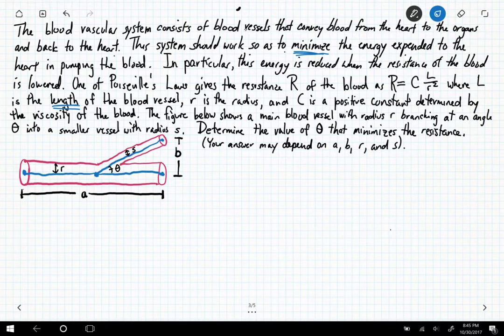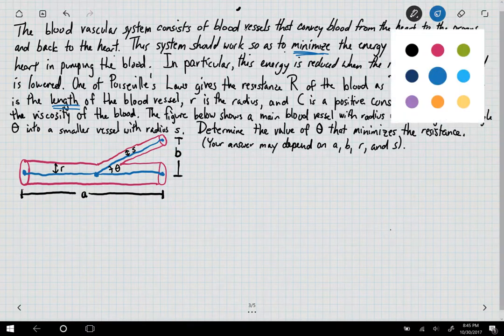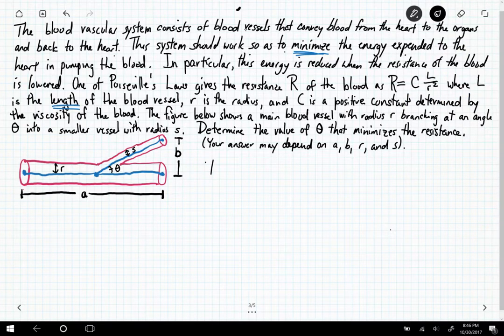Okay, the key is that L is the length. So at the end of the day, when we're looking for length to be involved, recall we have the formula already.